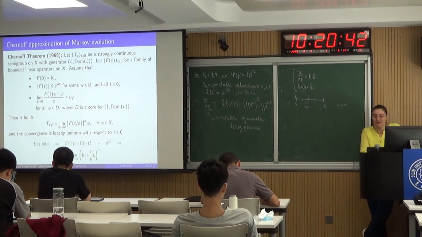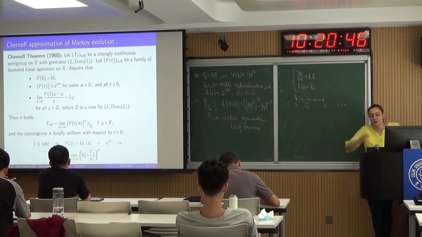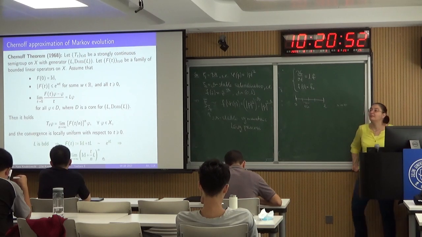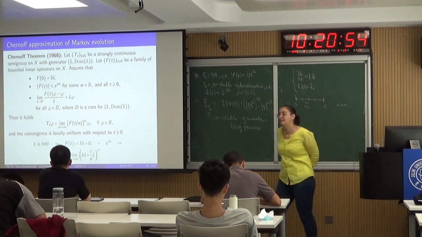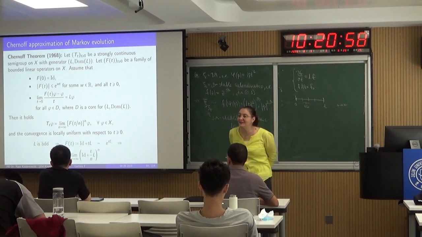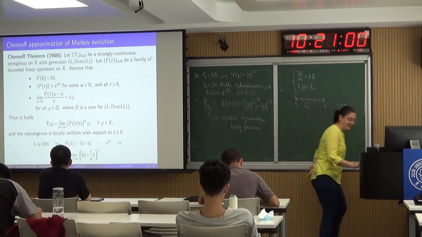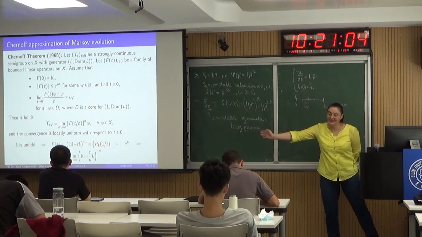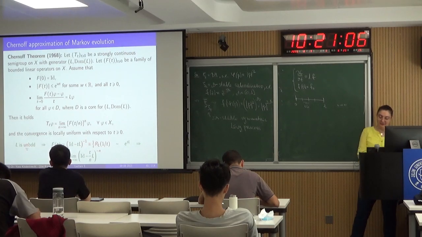So I said that Chernoff approximation is a very broad generalization of this statement. The key assumption in this example is that L is bounded. If L is not bounded, then, for example, let us consider this.